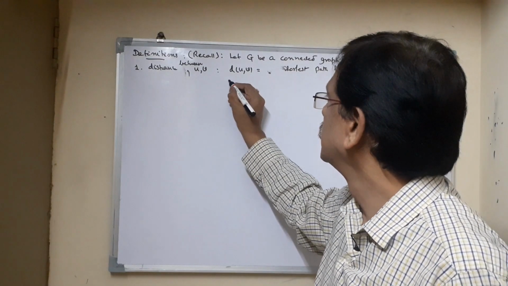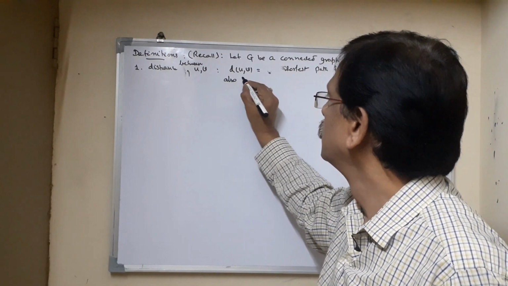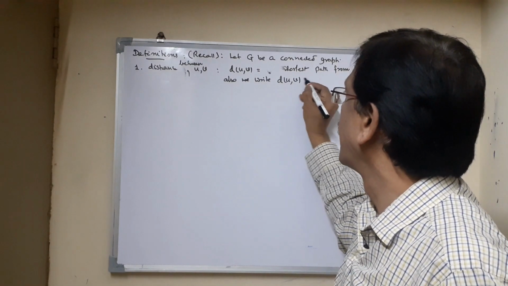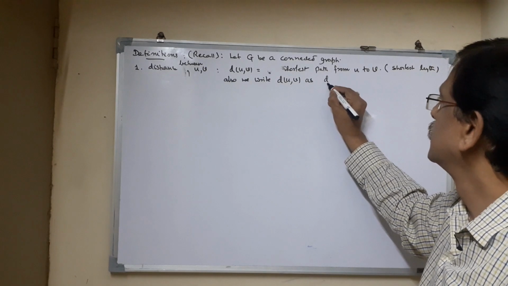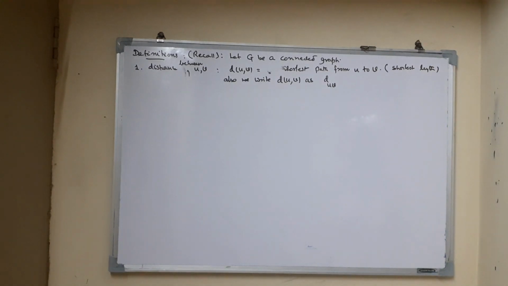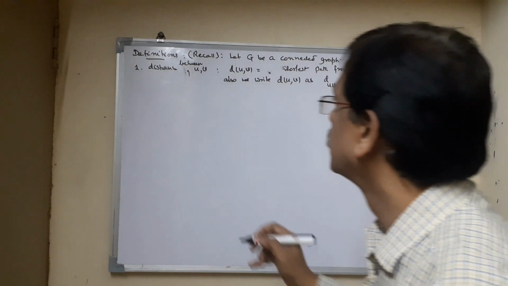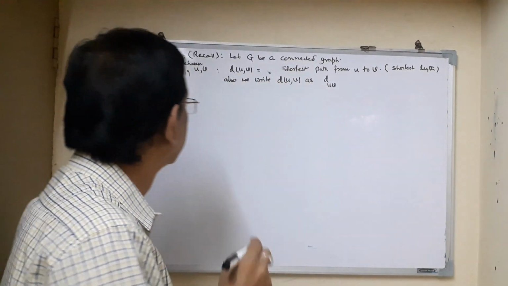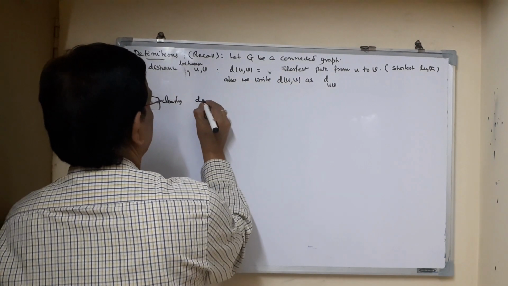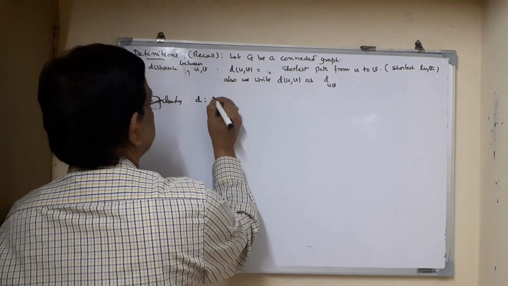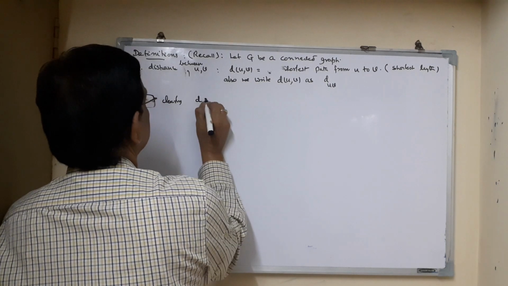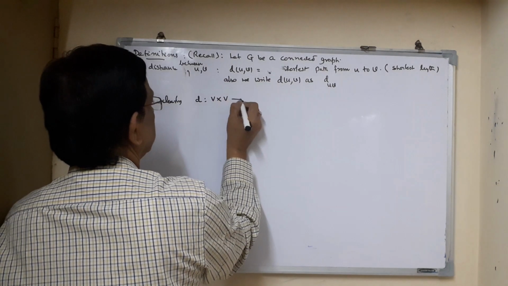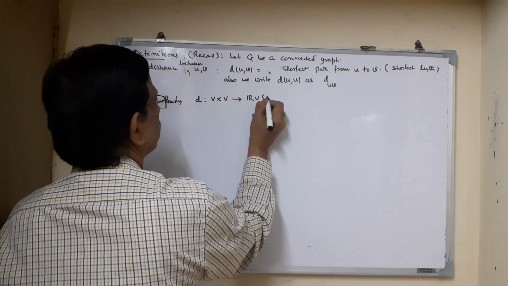Sometimes we write d(U,V) as d with suffix UV. Clearly, d is a distance function from V cross V into R union 0.